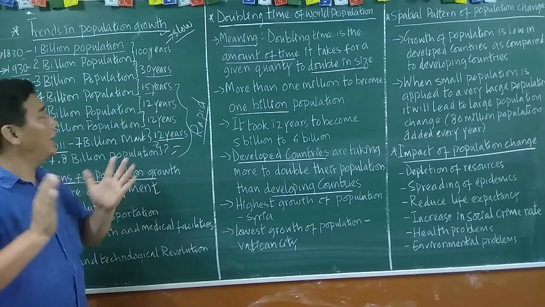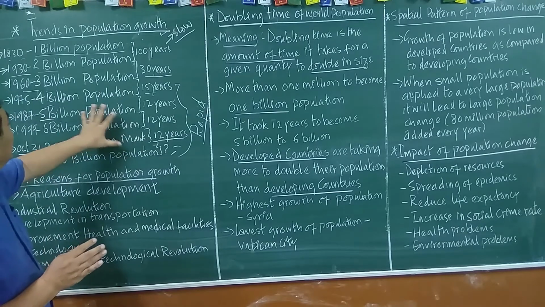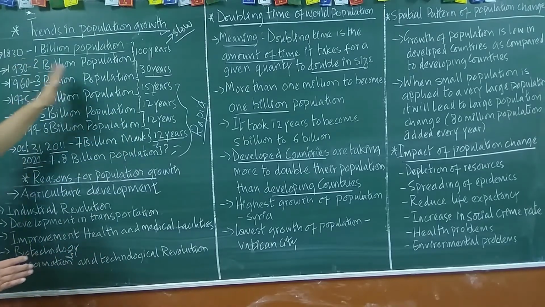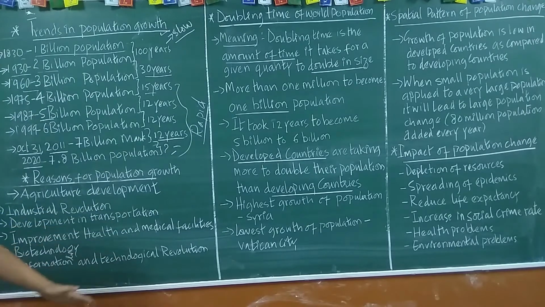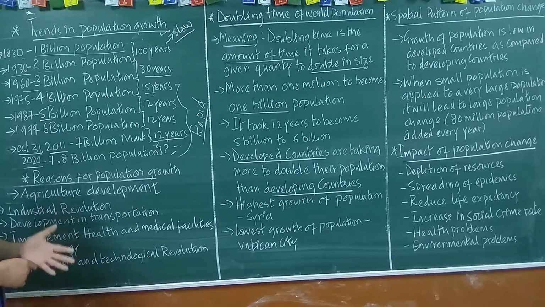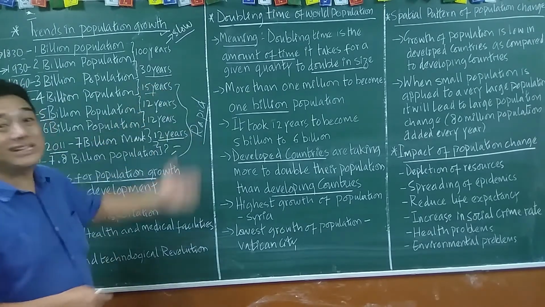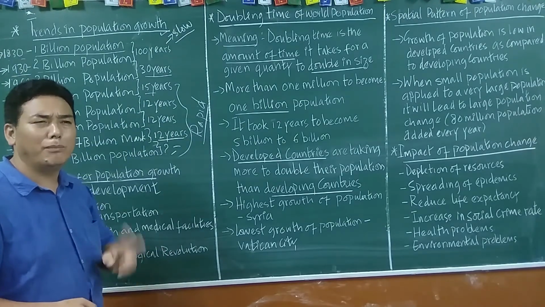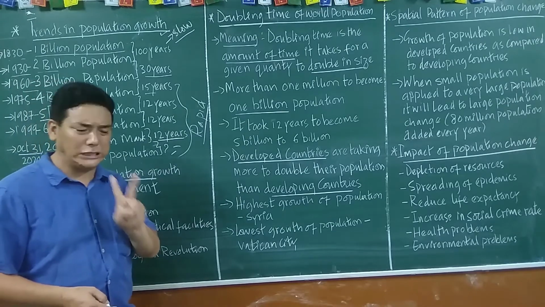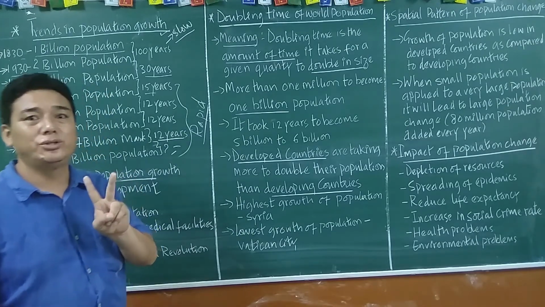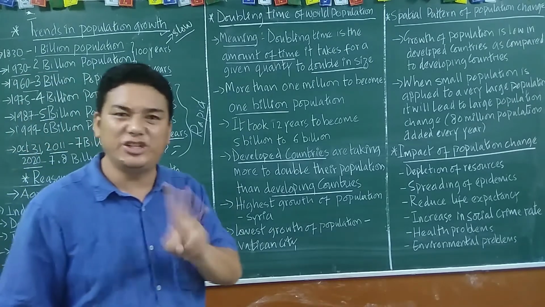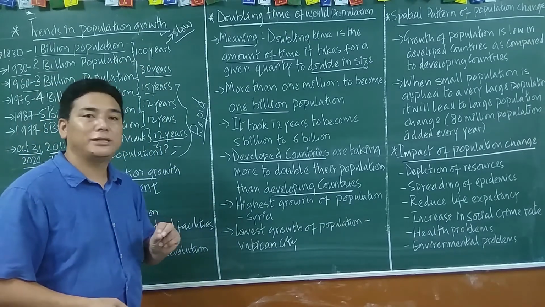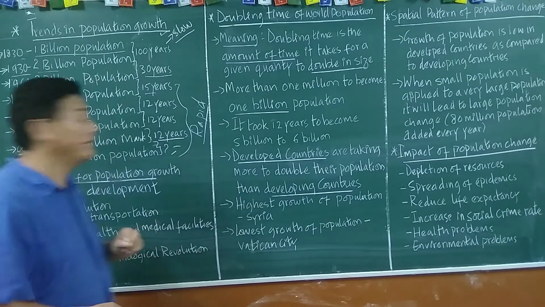But after the 1830s, the population is increasing at a very alarming rate. What are the reasons? The experts tell us it is due to inventions and discoveries. Many things have been discovered and many things have been invented, newly invented.